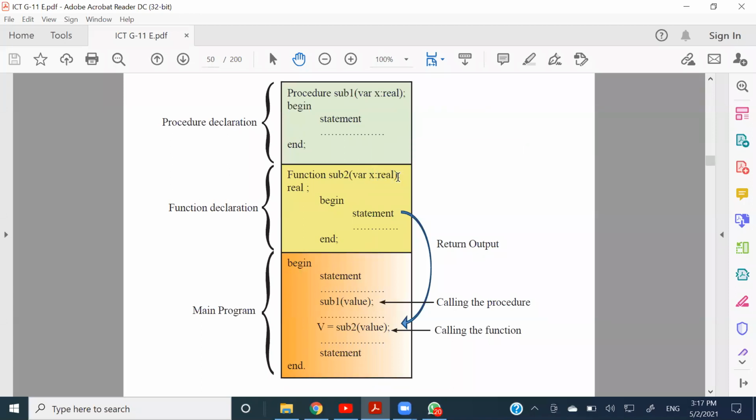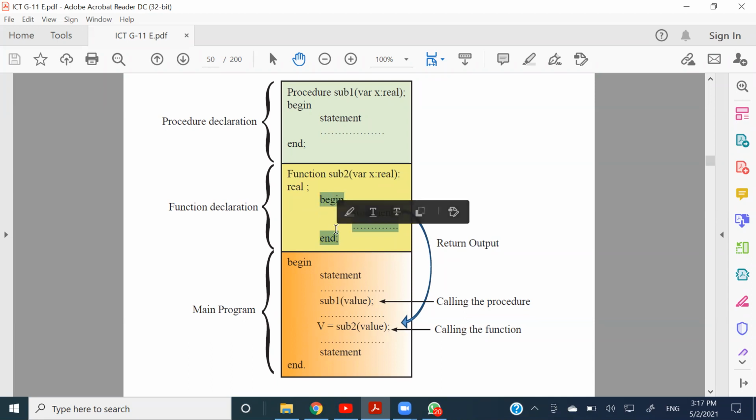After that, they put a colon and put real. That means it is the return type of the function, right? And as with the procedure, the function has its own scope, or body, and the statements are there in between the begin and end couple.